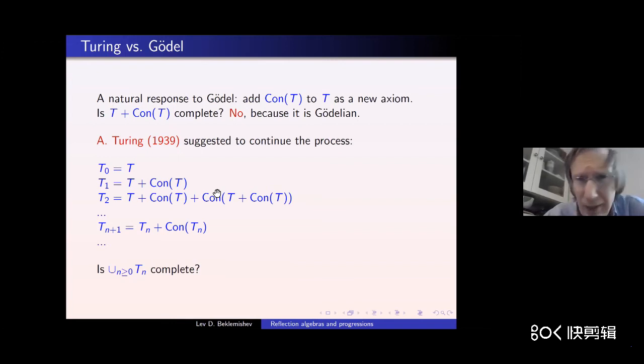And then Turing suggested to continue this process. In fact, it was not Turing who suggested it. Probably it was suggested even earlier by Church and Kleene, and Turing, who had just come to Princeton to do his PhD under Church, took this problem as his project.